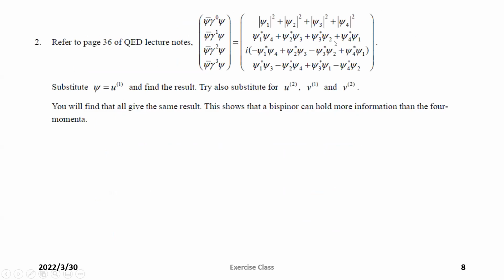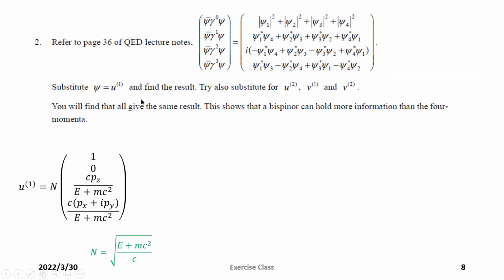And in question 2, we are asked to substitute psi to be the 4 Dirac spinors and obtain the result. Let's try U1 first. We just use the expressions for the U1 spinors, and the normalization is like this.